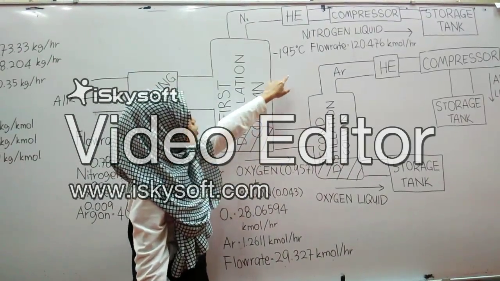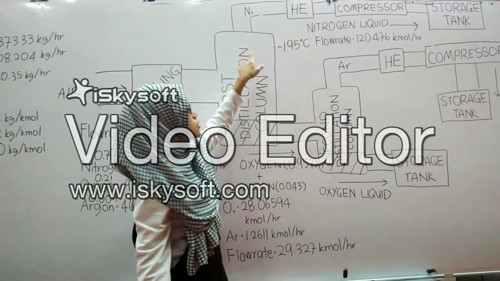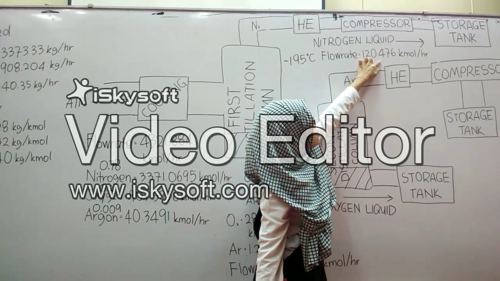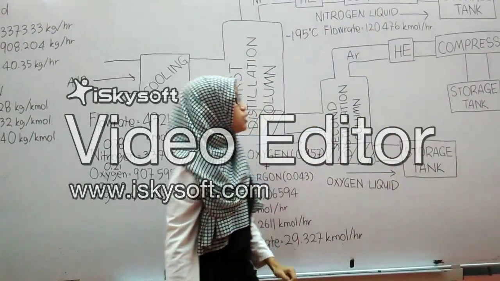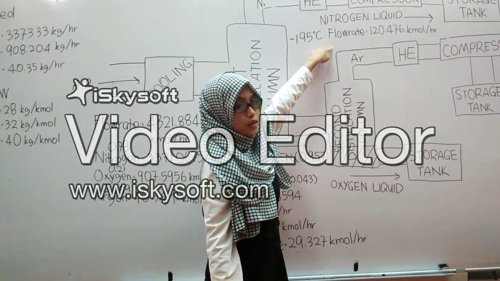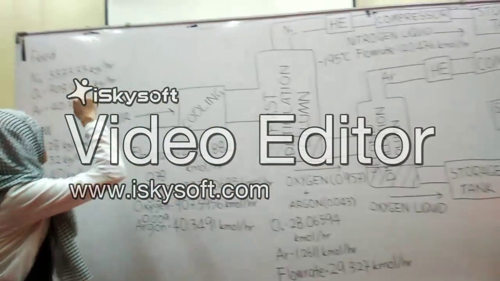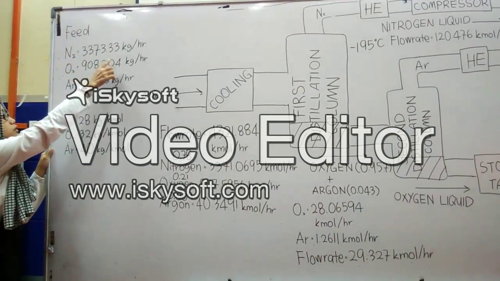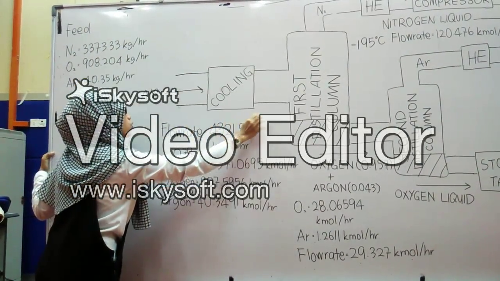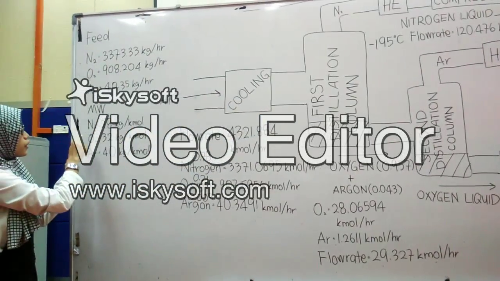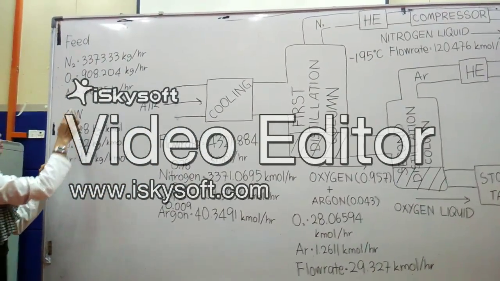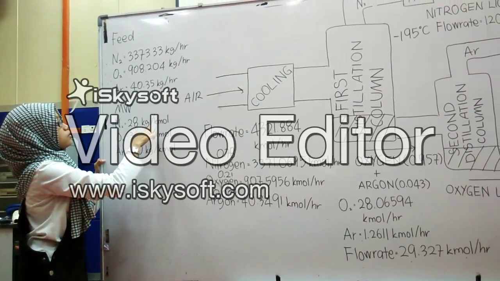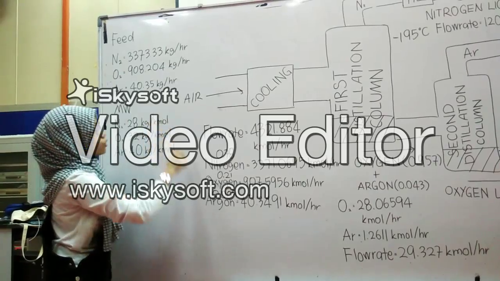Okay, the flow rate for nitrogen liquid that is sucked out is 120.476 kilomole per hour. In order to obtain this flow rate, we need to divide the feed intake of nitrogen after the cooling process by the nitrogen molecular weight, which is 28 kilogram per kilomole.